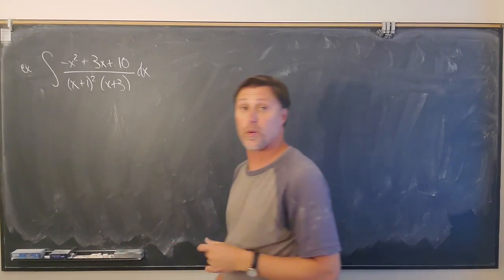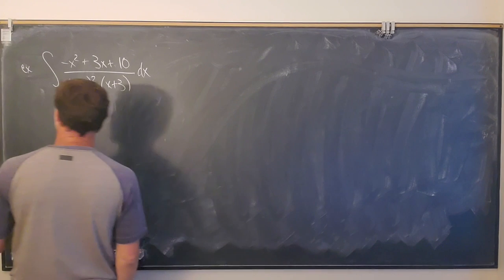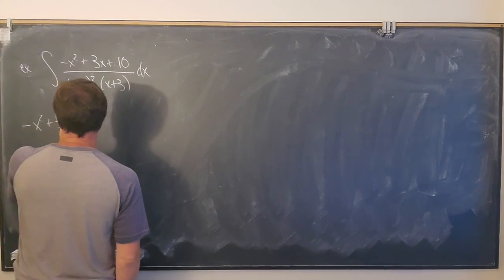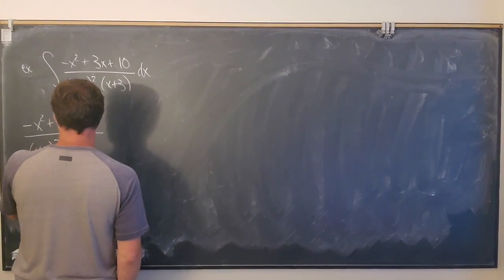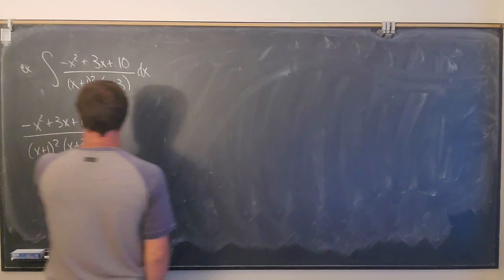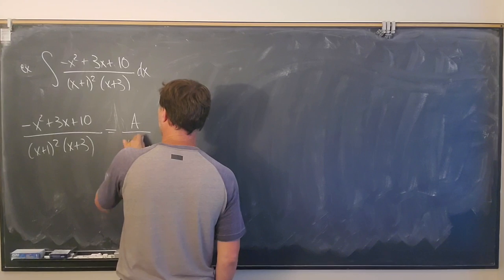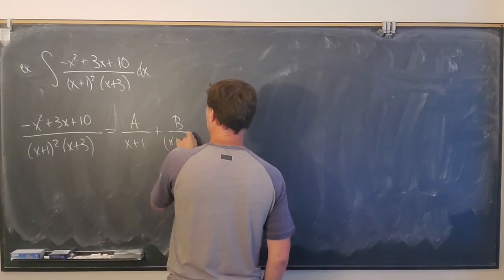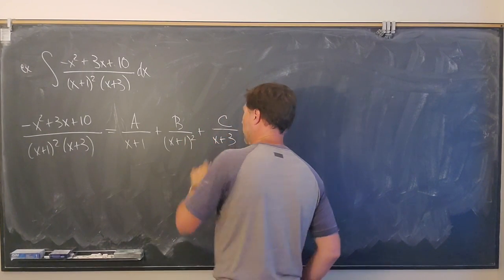So what you want to do here, forget that you're doing calculus for a minute, just do the arithmetic to find the partial fractions. So it'd be negative x squared plus 3x plus 10 divided by x plus 1 squared x plus 3. And the setup would go like this: a over x plus 1 plus b over x plus 1 quantity squared plus c over x plus 3.